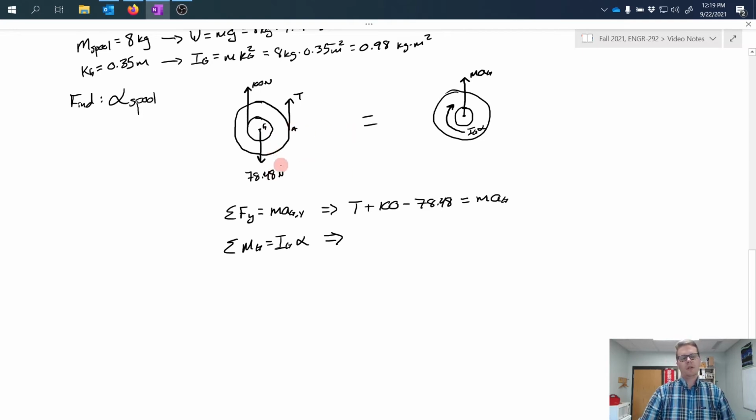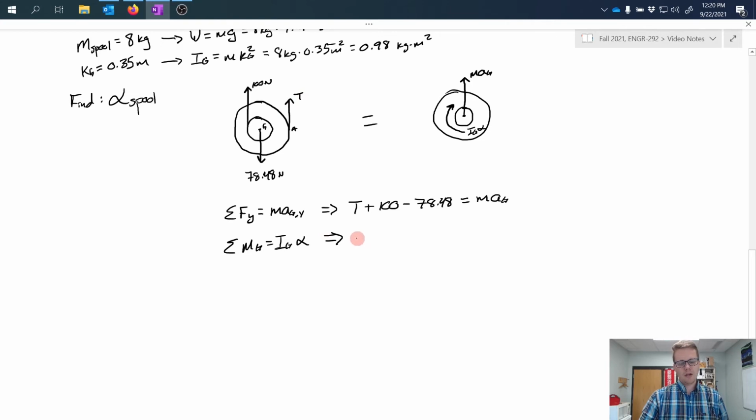So what forces contribute to my moment about the center of gravity? Well, I need to look for anything that has a moment arm. My weight here has a vector that passes through the center of gravity, and therefore it has no moment arm, which means it doesn't contribute to the net moment and doesn't show up in that equation. However, my other two forces, the 100 newtons and the tension, do contribute.